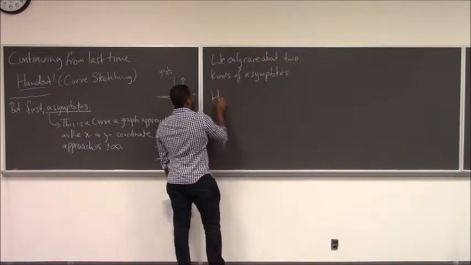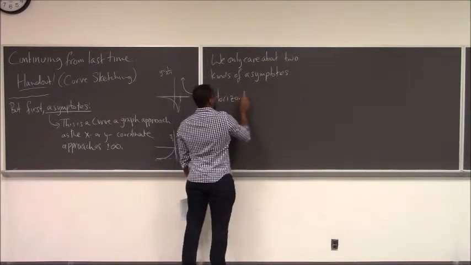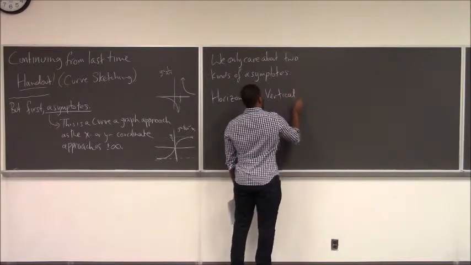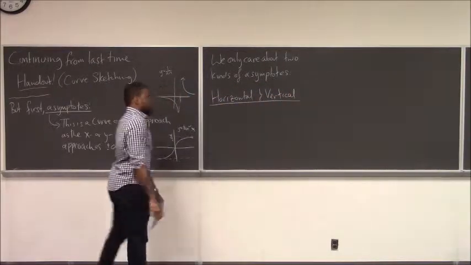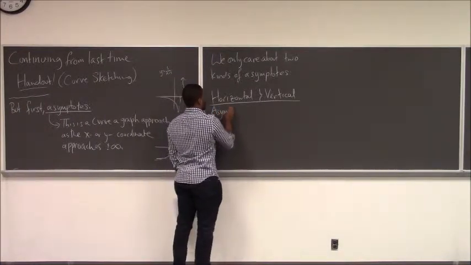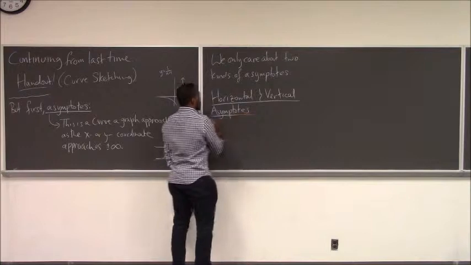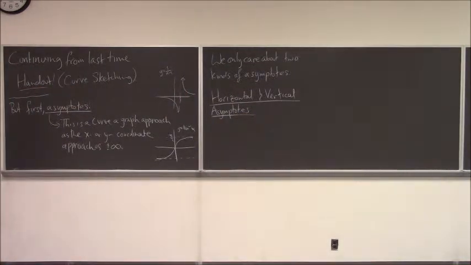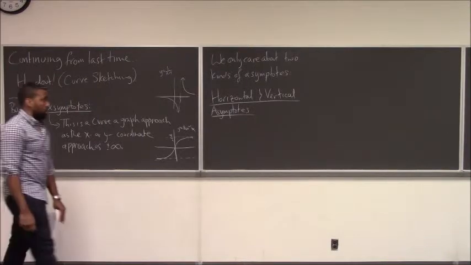These are the horizontal and vertical ones. More specifically, these are horizontal or vertical lines that a graph will approach as one of your coordinates is becoming infinite.